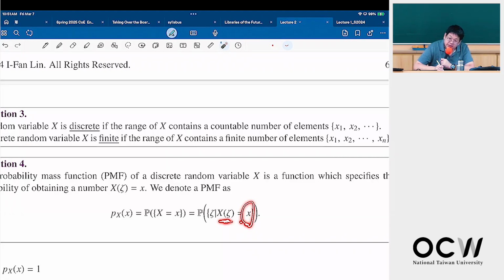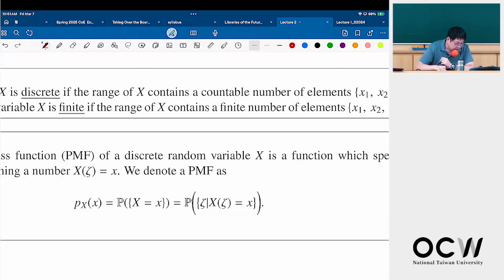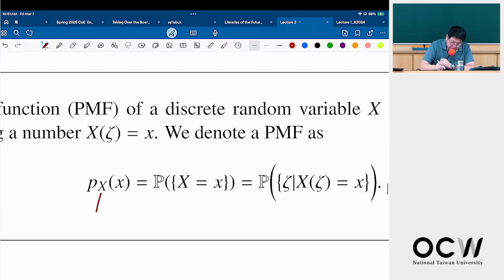This is the probability mass function. So here this X is the random variable, and this lowercase x is the value.